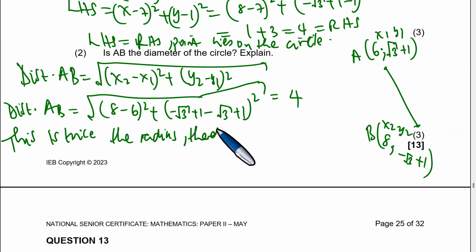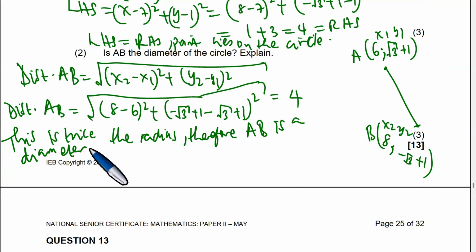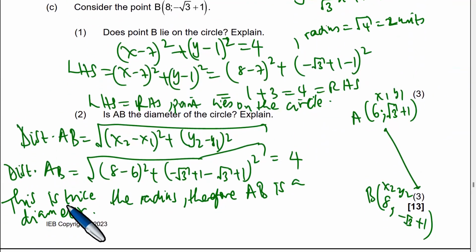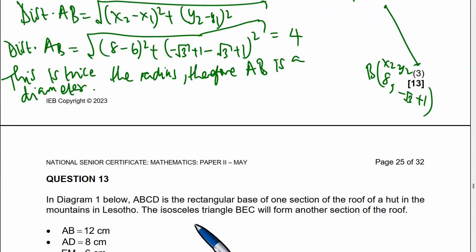Therefore, AB is a diameter. AB is a diameter because the distance between A and B is 4. The radius is 2. So this is twice the radius, and therefore AB is a diameter.